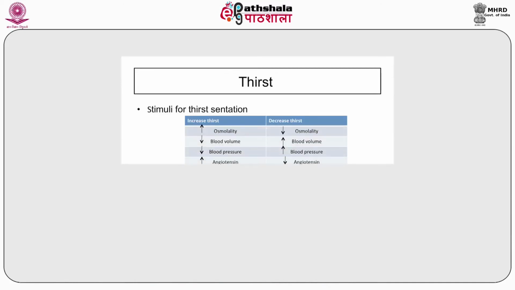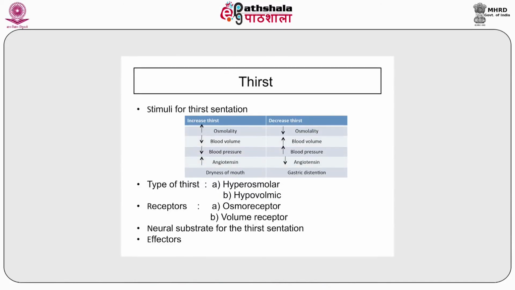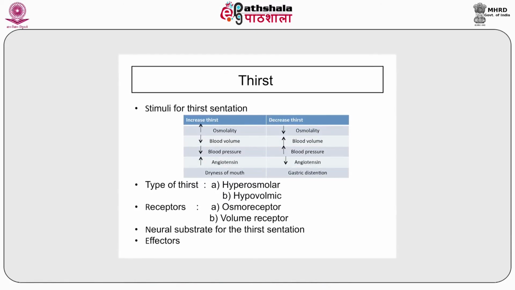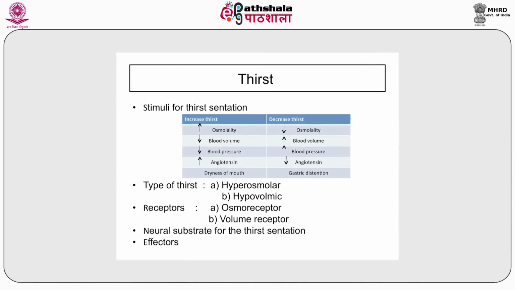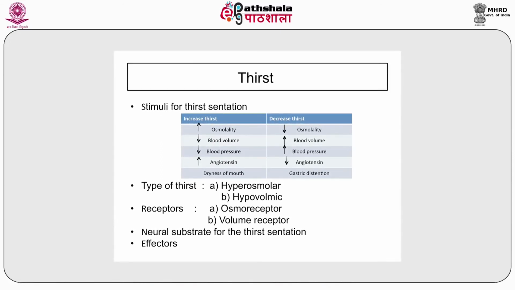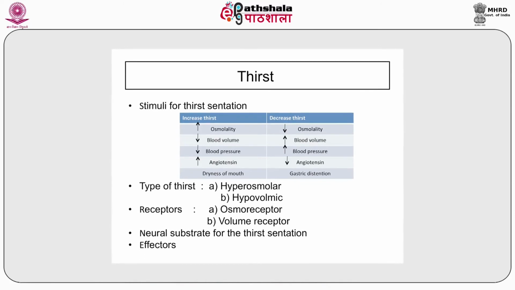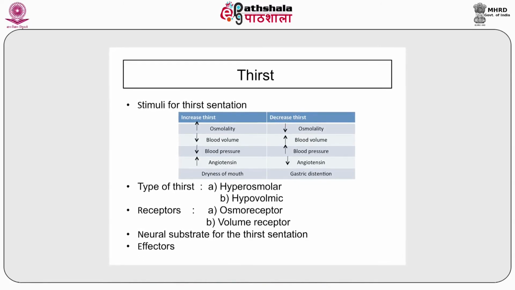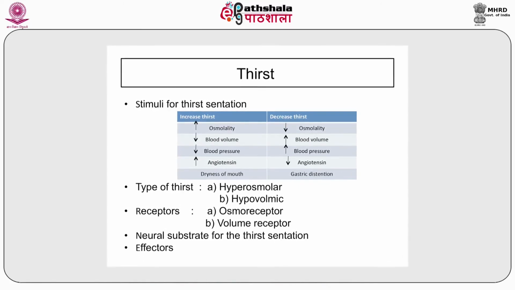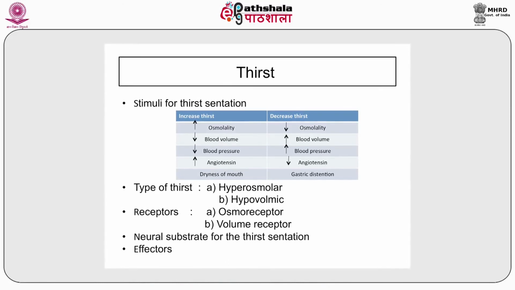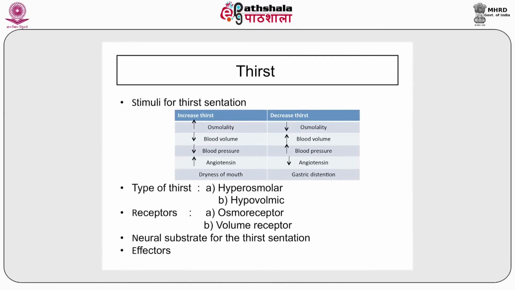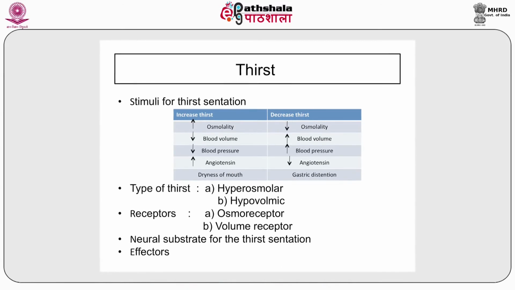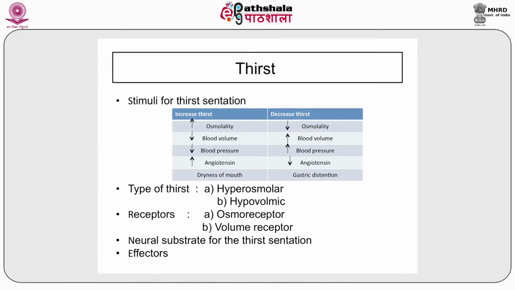Second is the thirst sensation. Thirst is affected by the change in the osmolarity or in the blood volume, which is sensed by the osmoreceptor and volume receptor respectively. Initial change in the osmolarity is sensed by the circumventricular organs like the subfornical organ and organum vasculosum of the lamina terminalis.